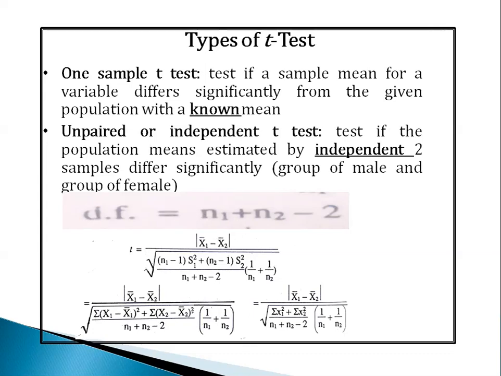And for the t-test, the formula is as follows: t is equal to mod of x1 bar minus x2 bar divided by square root of [(n1 minus 1) s1 square plus (n2 minus 1) s2 square divided by (n1 plus n2 minus 2)] into bracket 1 upon n1 plus 1 upon n2.